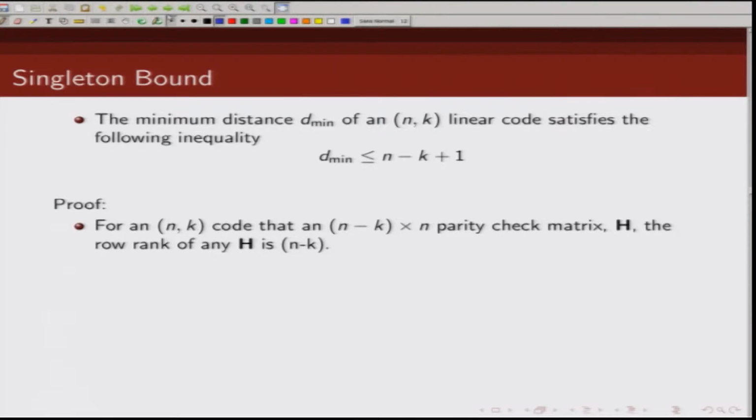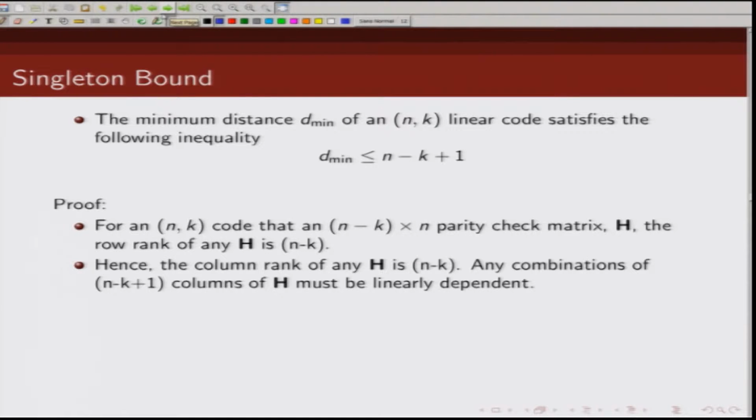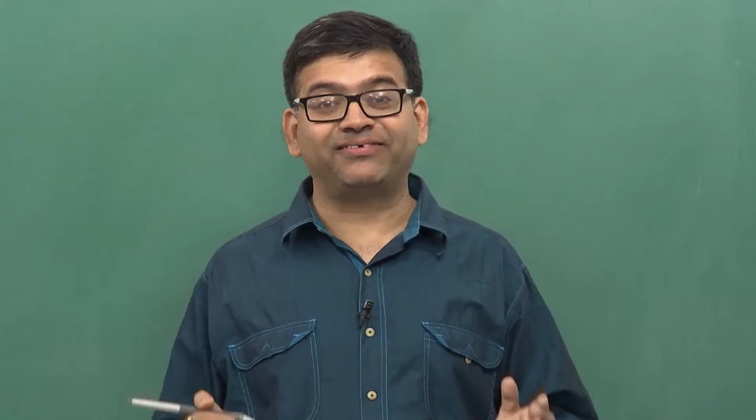For an (n,k) linear block code, we have an n minus k cross n parity check matrix. And what is the row rank of the parity check matrix? That is n minus k. Now, if the row rank is n minus k, then column rank is also n minus k.